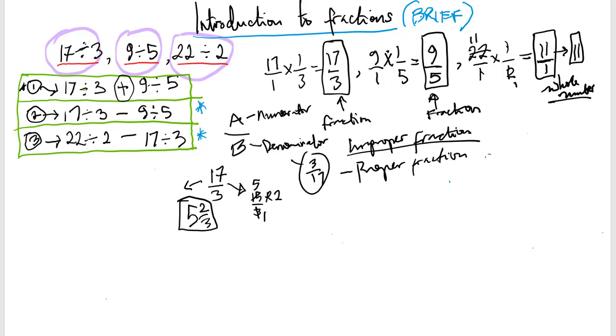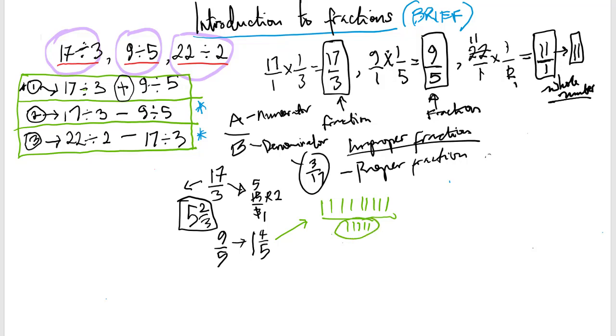So let's also solve 9 over 5. So 5 can go in 9 one time, then remainder 4. Okay, let me just explain this concept with this simple number: 1 2 3 4 5 6 7 8 9. Now have 1 2 3 4 5.